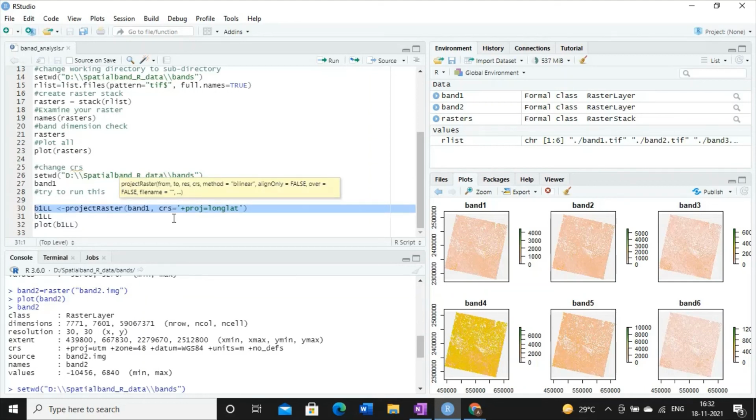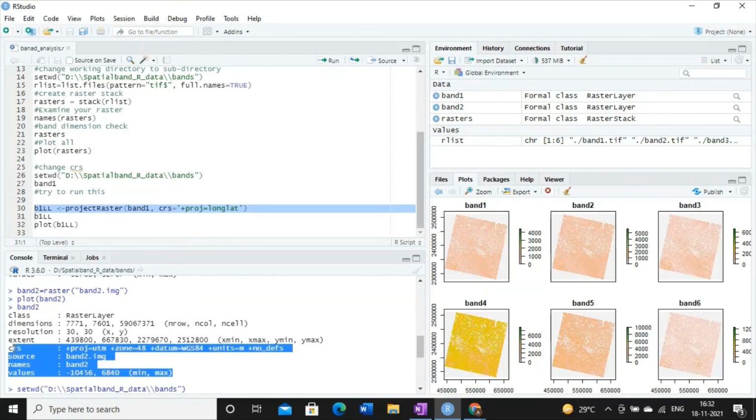However, you have to keep in mind why we have to change the coordinate reference system. If you understand this concept, then you can easily extract data from any data source and change it.